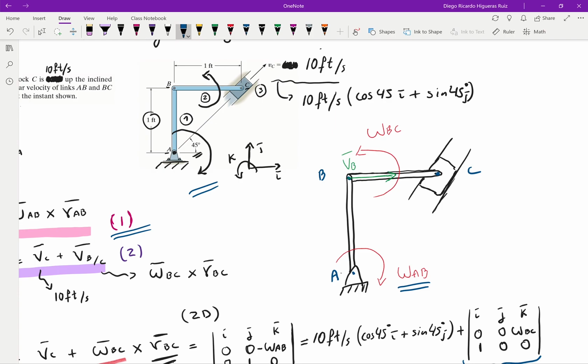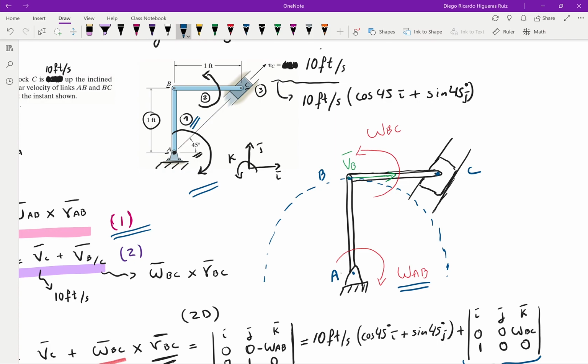Also, if element AB is spinning about point A, the path is going to be circular with respect to that point, and the velocity is going to be tangential to that circular path.